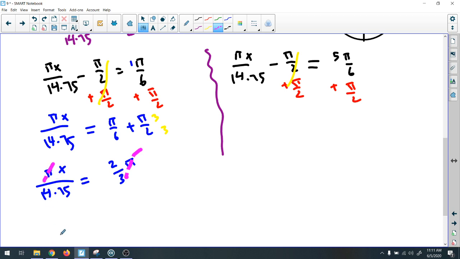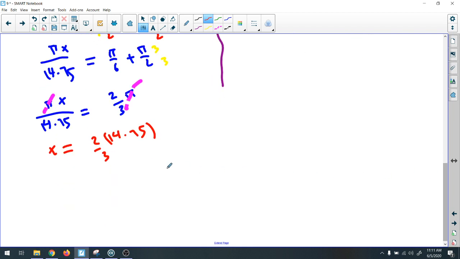Then x equals, you multiply both sides by 14.75, so it will be 2/3 times 14.75, and 2 times 14.75 is 29.5 over 3.